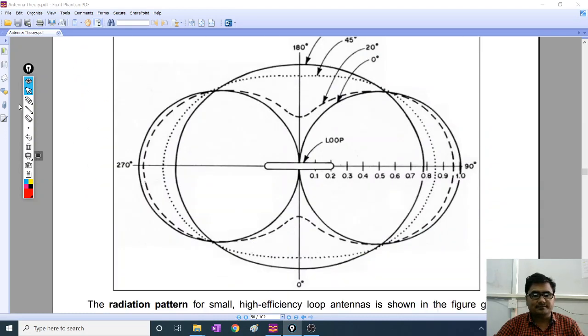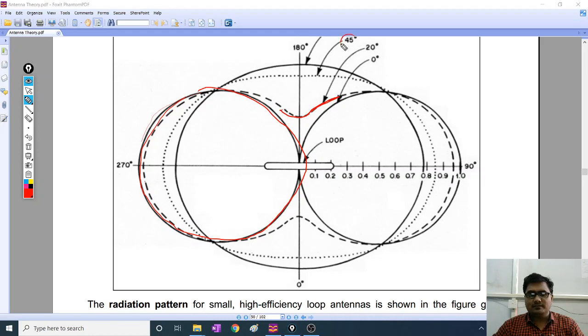Look at this. It is exact edge shape if I hold this antenna exactly at zero angle, like this. I change the angle, the radiation pattern changes. If I change the angle by 20 degrees, that will be the radiation pattern.